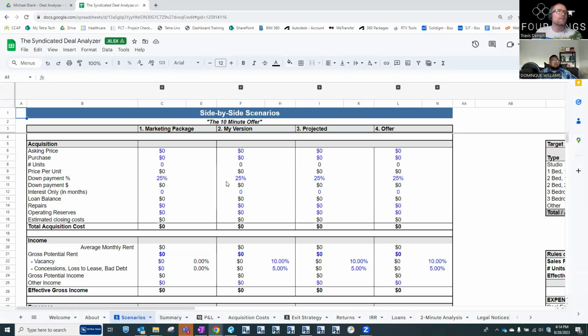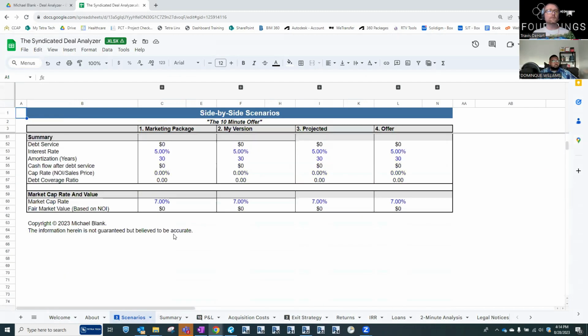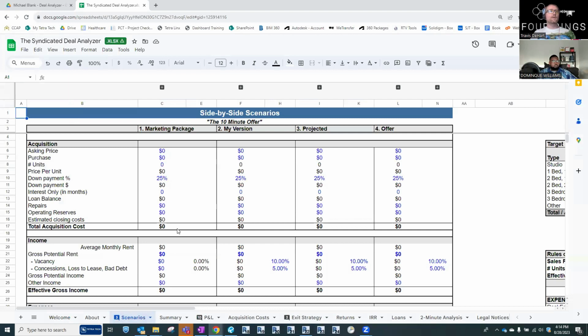Under the scenarios tab, what I like is that the marketing package column has all the information that's advertised to you, all the information that is known.